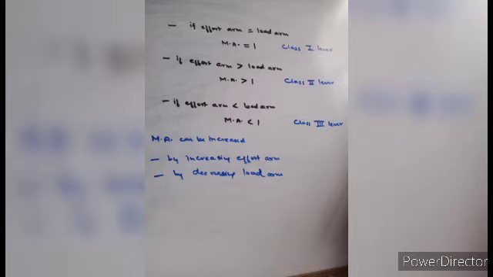So for the first case, if the effort arm is equal to the load arm, when the mechanical advantage is 1, it is the condition of class 1 lever. The second one, if the effort arm is greater than the load arm, which indicates that the mechanical advantage is greater than 1, it is the condition for class 2 lever, that is second class lever. And for the third one, if the effort arm is less than the load arm, which means that the mechanical advantage is less than 1, it is for class 3 lever.